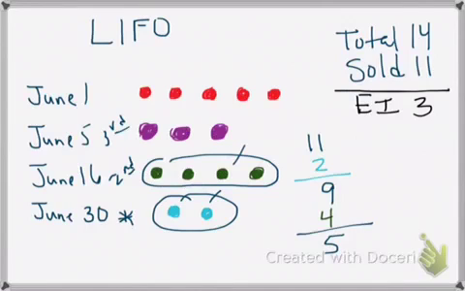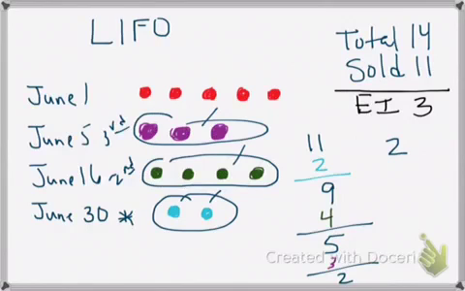We're going to sell all 3 of the purple units, and what that's going to leave us with is we still have 2 units that we need to sell. Now those 2 units are going to come from these red units. So the last units we're going to sell are going to be those red units, and now we have actually sold everything off.